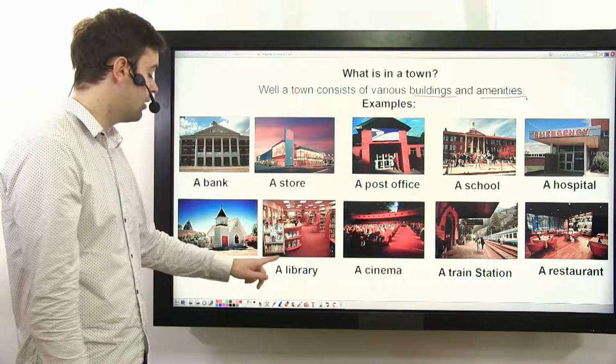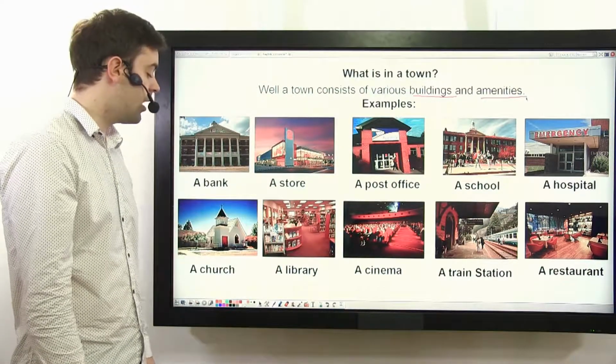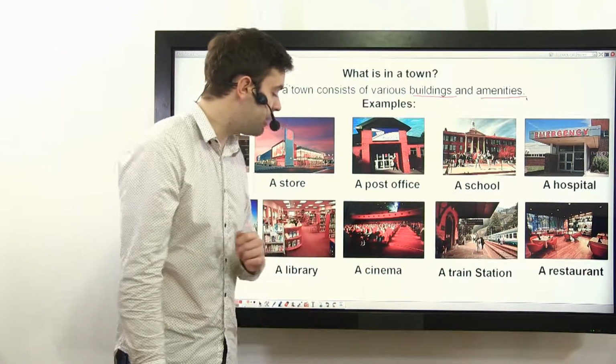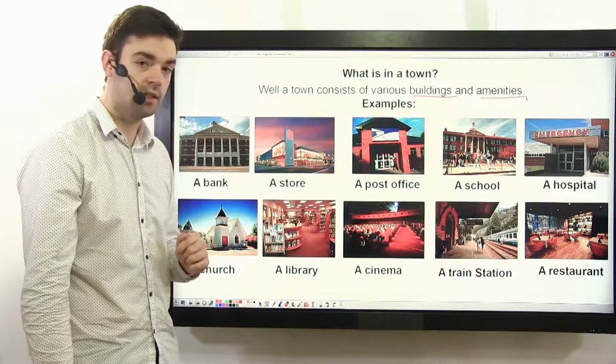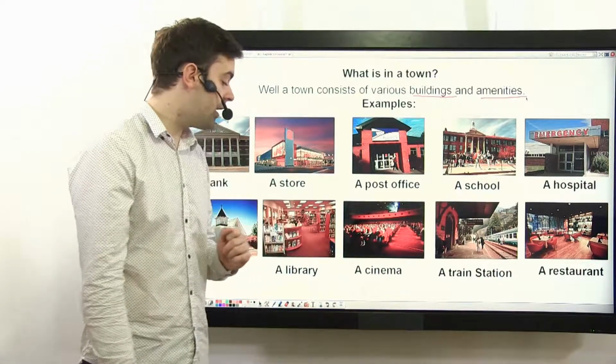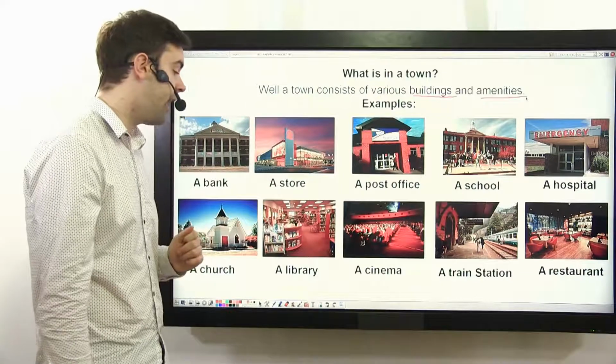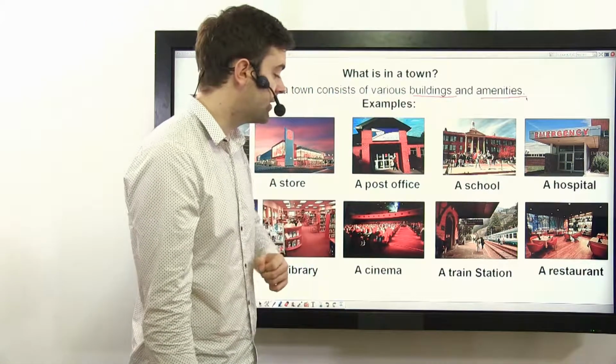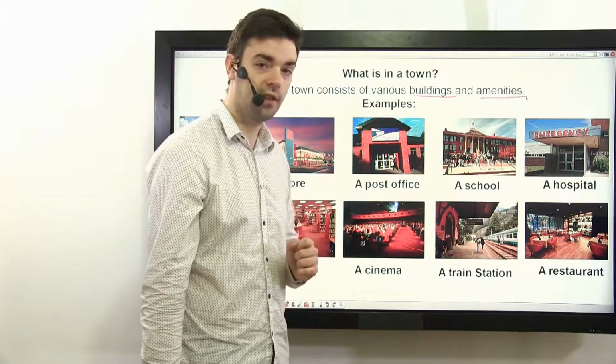There might be a library. L-I-B-R-A-R-Y. Library. There might be a cinema. C-I-N-E-M-A. Cinema. You might have a train station.